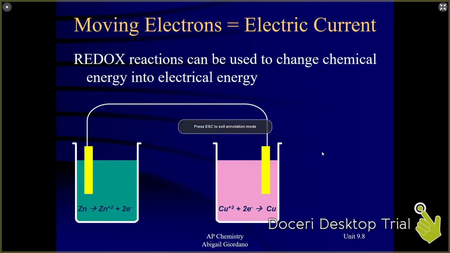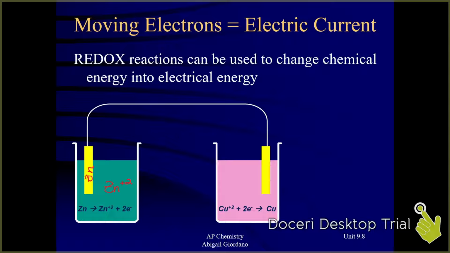Okay, and just to help you get your bearings a little bit here, we're going to go through the parts of a galvanic cell in a lot more detail. But this bar on the left here would be made of solid zinc, and zinc ions in aqueous form would be floating around in a solution in that beaker. Maybe it's a beaker of zinc chloride or something.